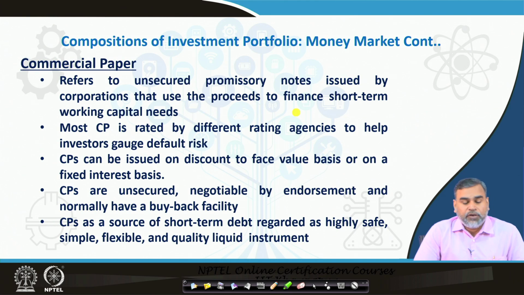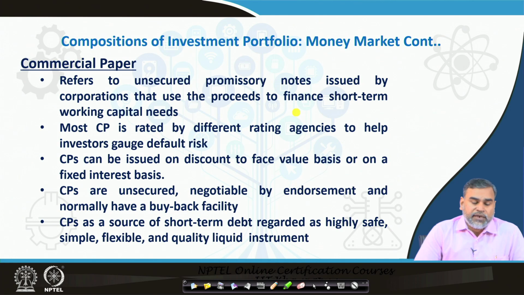But one thing to remember is that commercial papers cannot be issued by all entities. There are certain provisions and requirements that financial firms issuing commercial papers have to fulfill, and accordingly it is decided whether a particular bank or financial entity will be eligible to issue commercial papers or not.